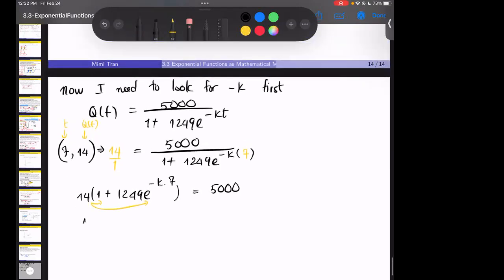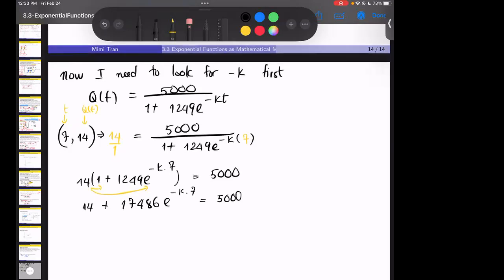So 14 plus 14 times 1,249, 17,486 e to the negative K times 7 equals 5,000. Now I'm subtracting 14 from both sides. 17,486 e to the negative K times 7 equals 4,986.